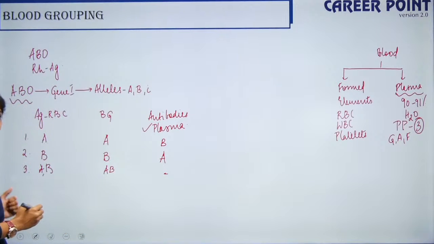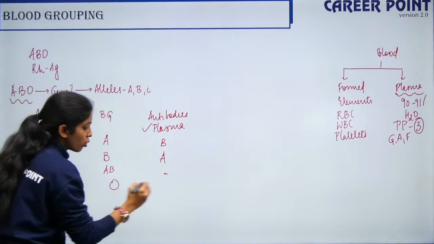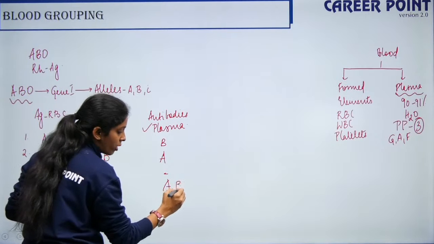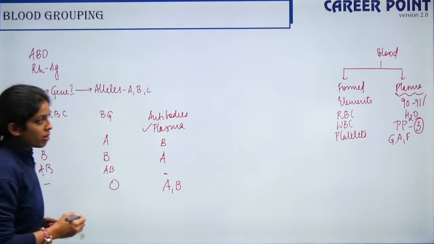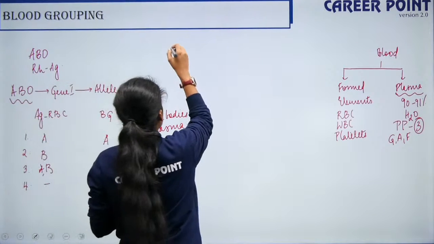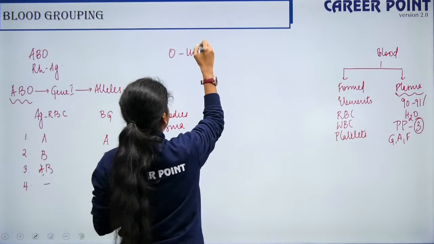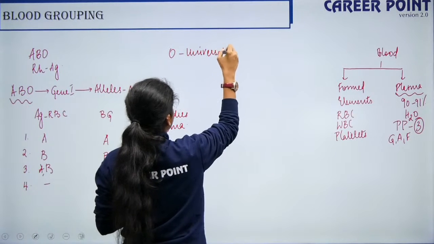Moving forward, when there is no antigen, the blood group is O, but it has 2 antibodies. So this is your ABO blood grouping. Your O blood group is the universal donor.